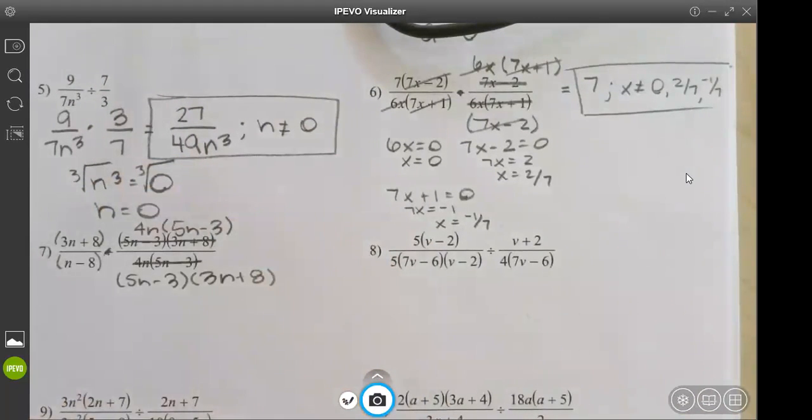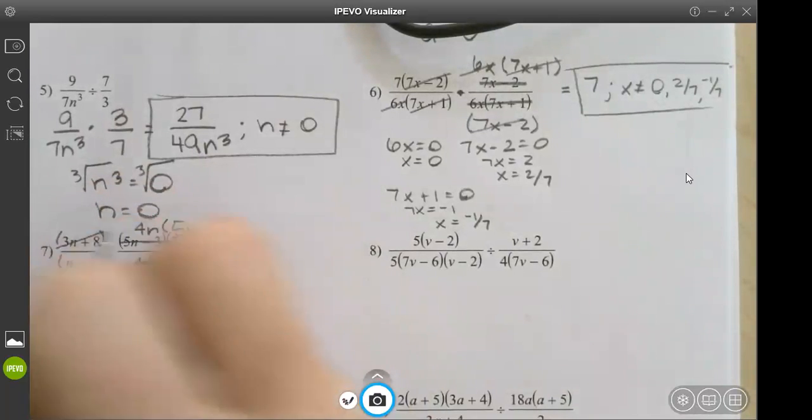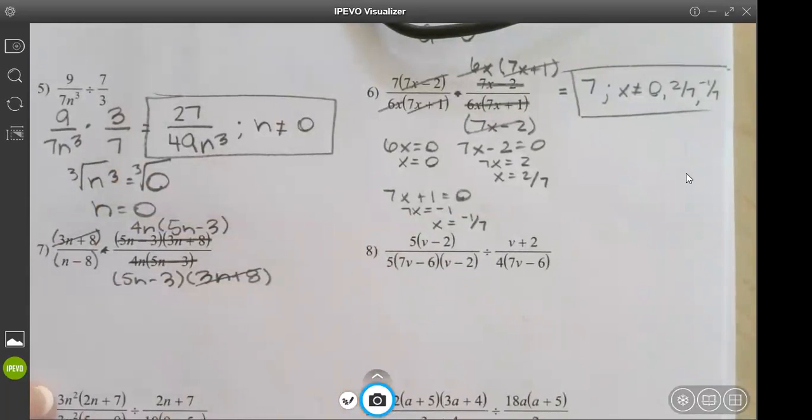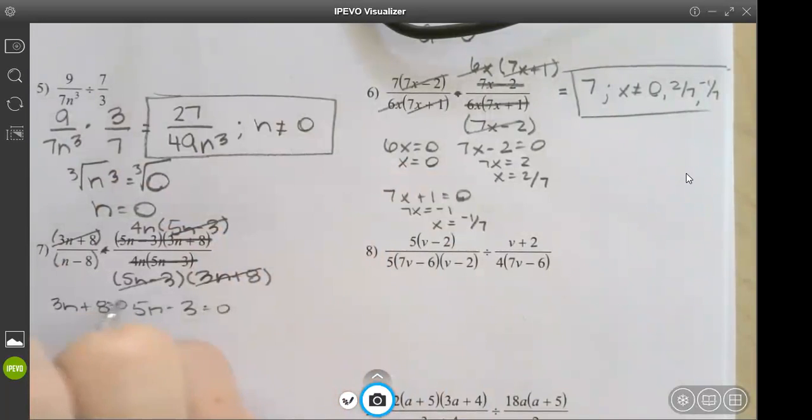All right. What can we mark out? The 3n plus 8. That's going to cause a hole because there's a variable in there. What else can we mark out? 5n minus 3. So the 3n plus 8 and the 5n minus 3, we're going to set equal to 0.